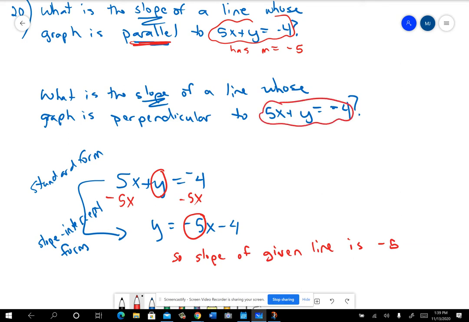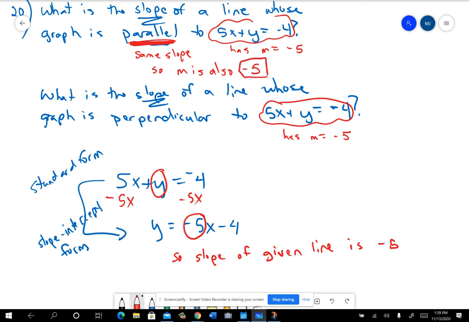On the first one, I wanted my line to be parallel. And so what is the slope of the line whose graph is parallel? Parallel, you should think same slope. So m is also -5. Okay, and you would actually just put the number -5.